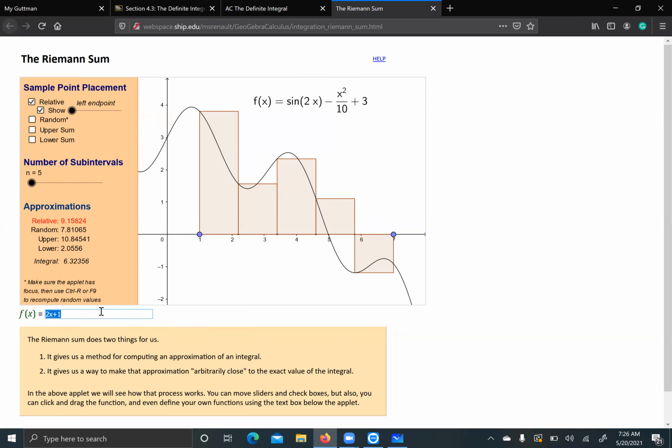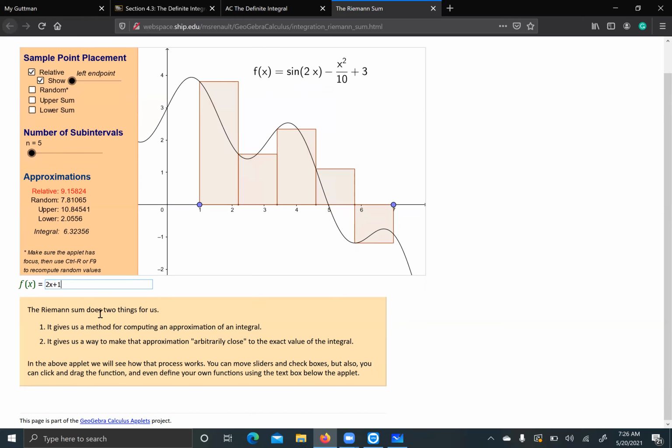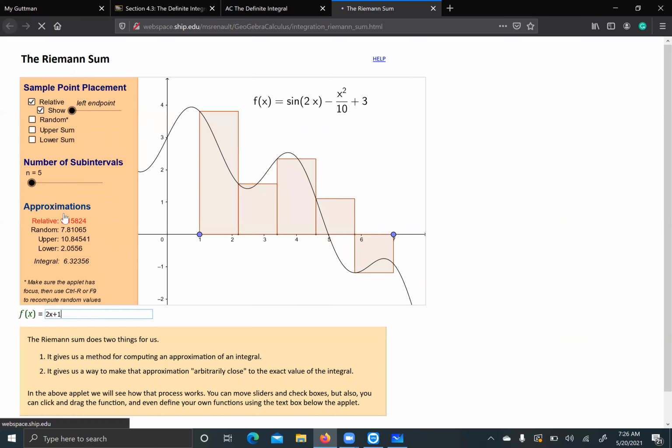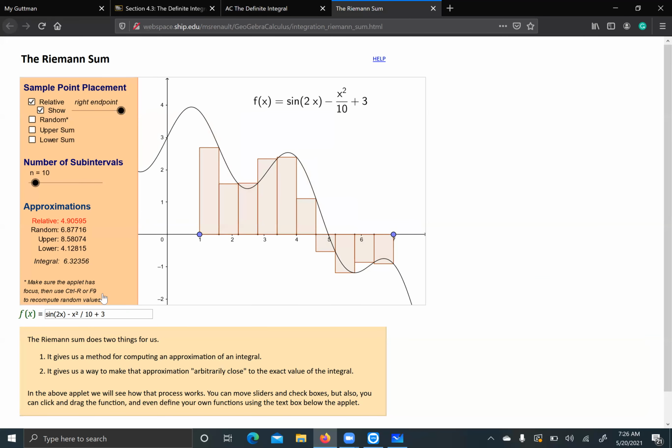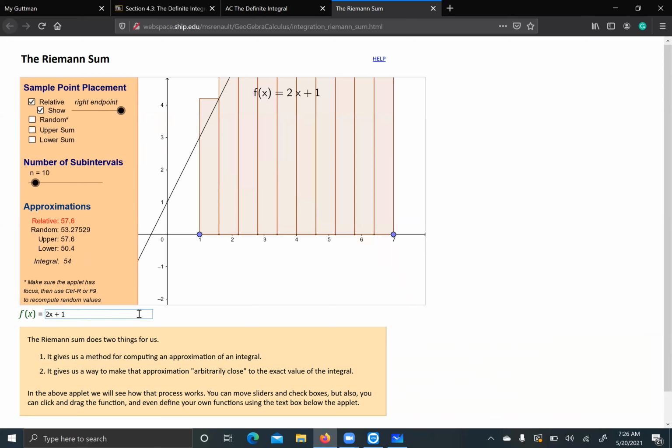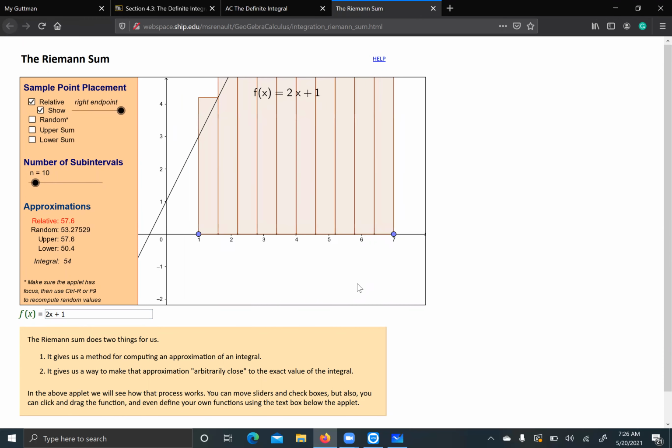So the function is 2x plus 1. Let me see if I can zoom this. Yeah.